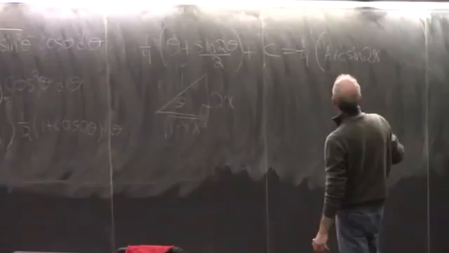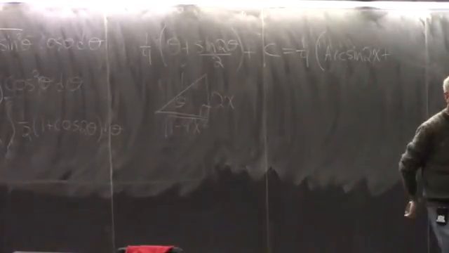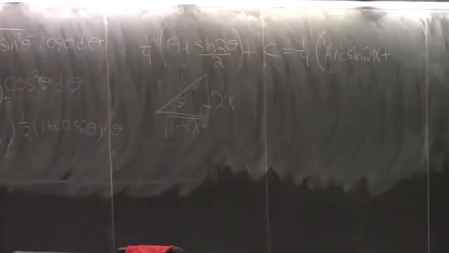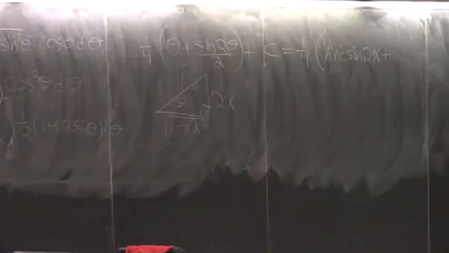And sine of 2 theta. What do I do with sine 2 theta? Well, here's another one you probably forgot. Let's put this over on our board here. Sine of 2x is 2 sine x cosine x.